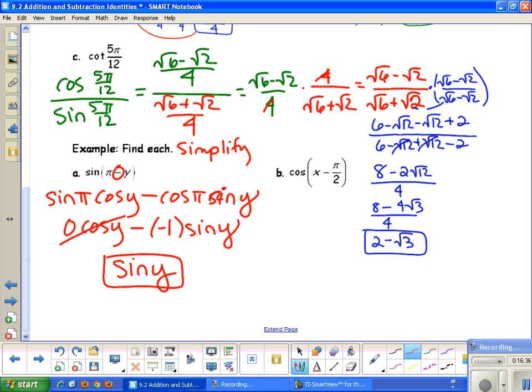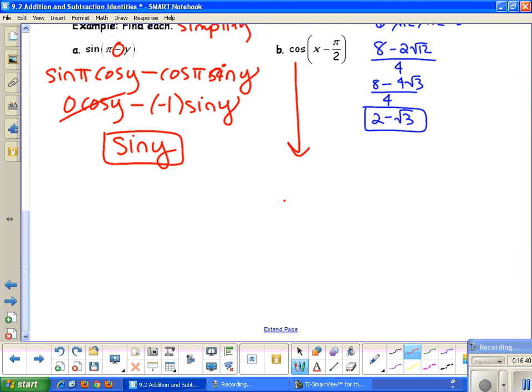I can do the same thing for cosine, so I'm going to go down here. So if this is cosine, and notice that it's minus, so we're doing the cosine of x, cosine pi over 2, and if that's a minus here, this is a plus in the formula. The sine of x times the sine of pi over 2, and then I use my unit circle to help me simplify.